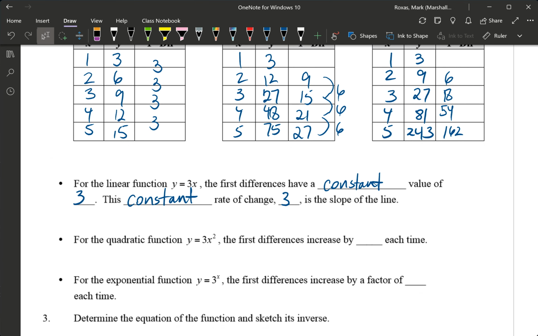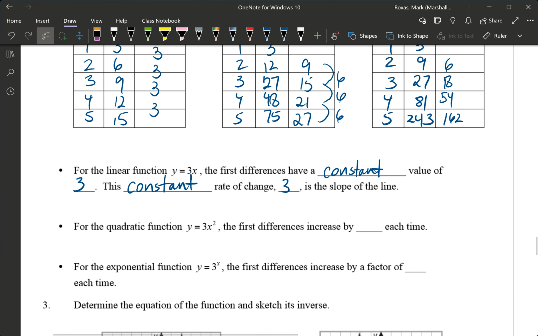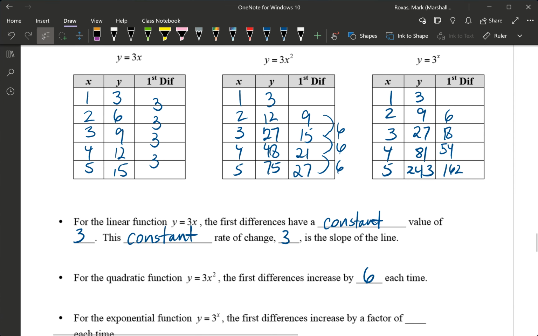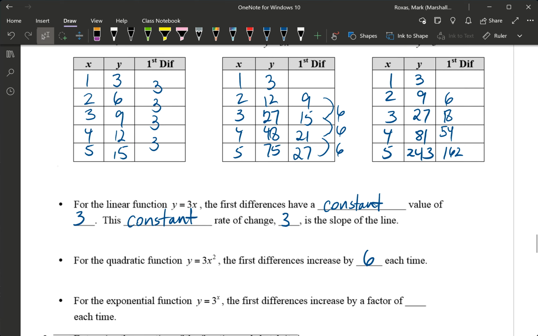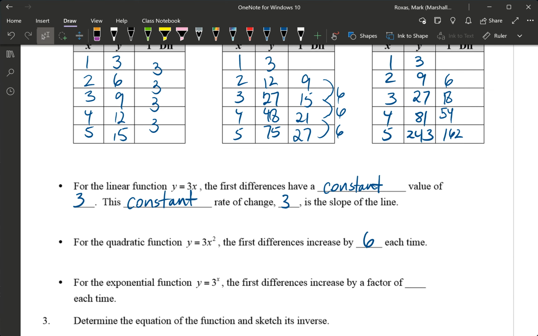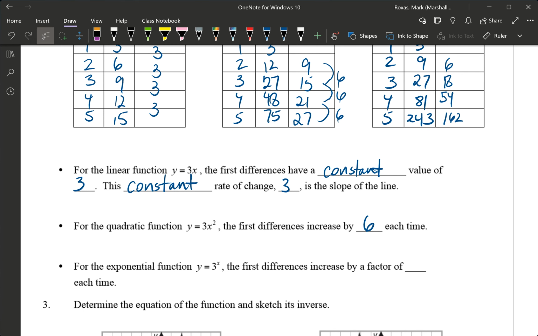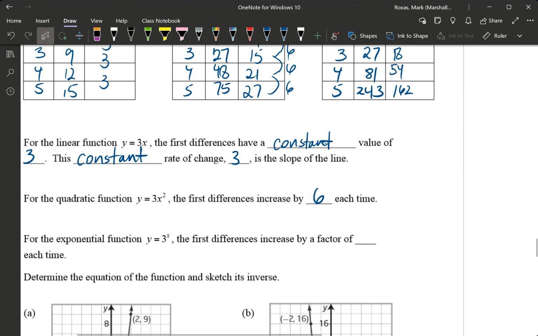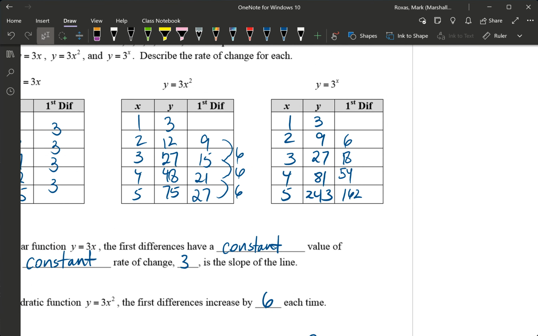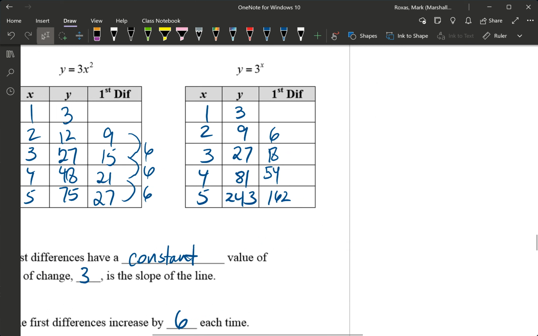For the quadratic function y equals 3x squared, the first differences increase by 6 each time, so your second differences are 6. This is a quadratic. The first differences are not constant. And for the exponential function 3 to the x, the first differences increase by a factor of 3 each time. What does that mean? If you look at the first differences, 6, 18, 54, and 162.